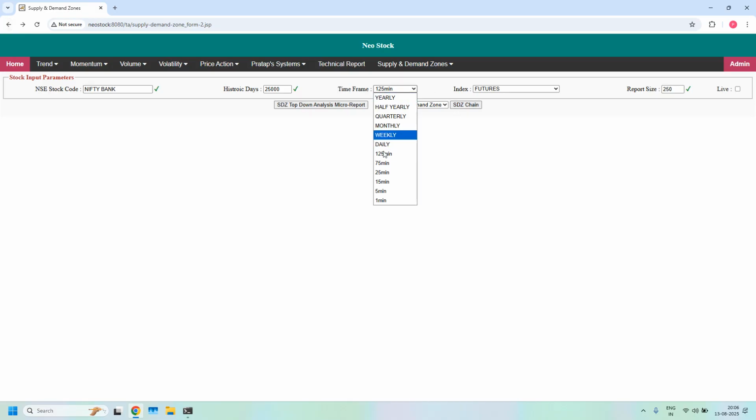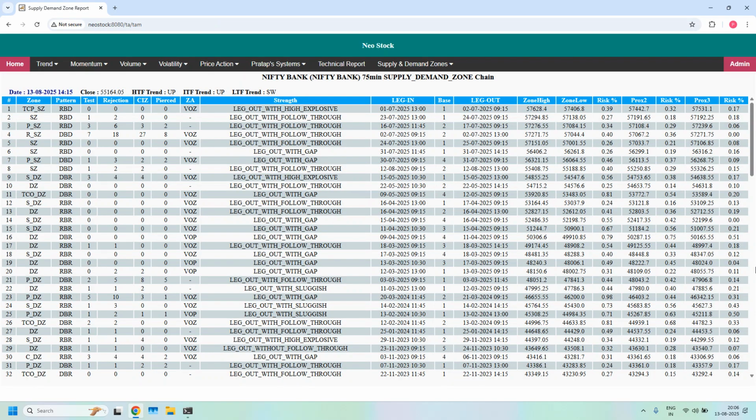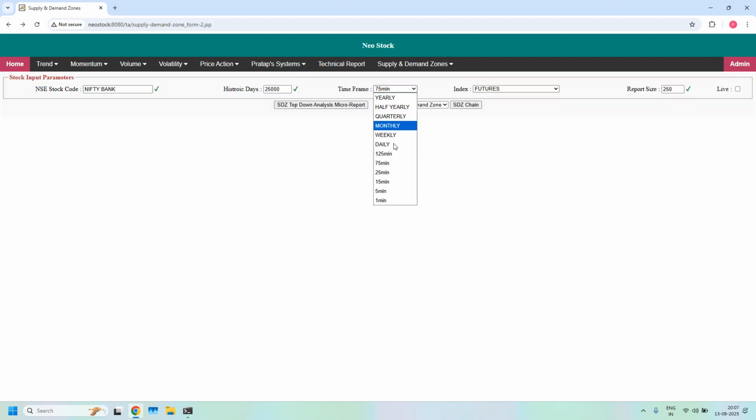Next, generating 75 minutes supply demand zone chain for Bank Nifty. Next, generating 25 minutes supply demand zone chain for Bank Nifty.